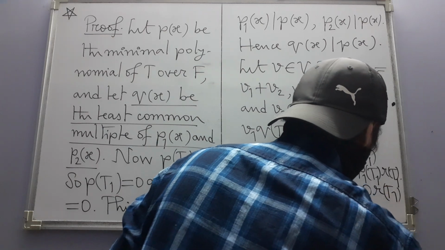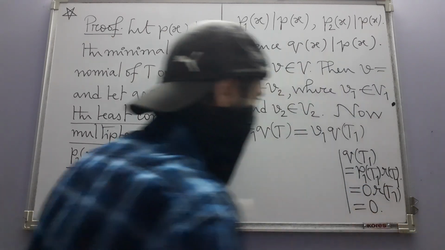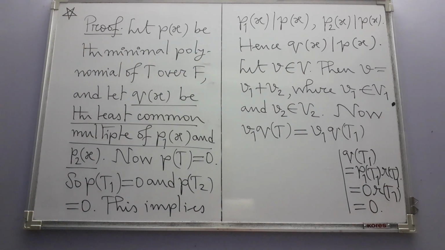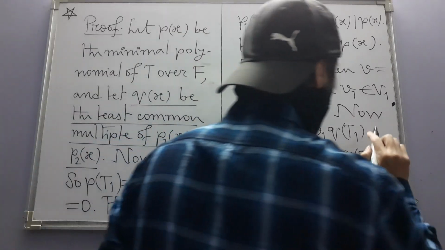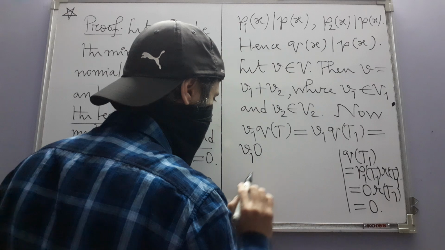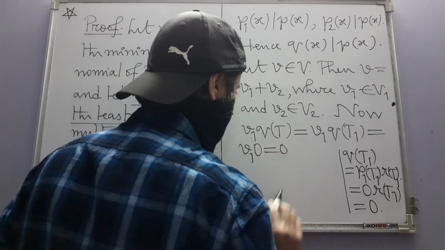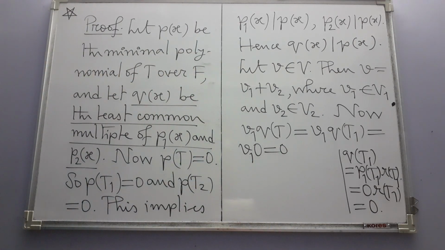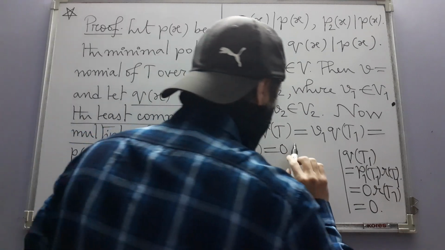So you are getting the zero operator times r of t1, and that is why this will be equal to v1 times 0, which is equal to the zero vector.